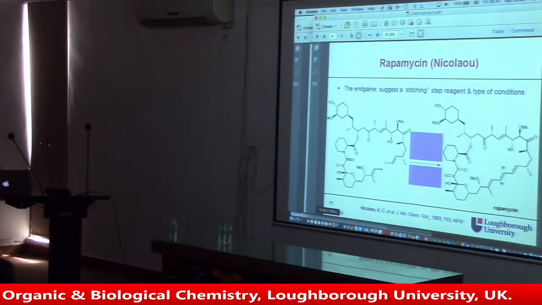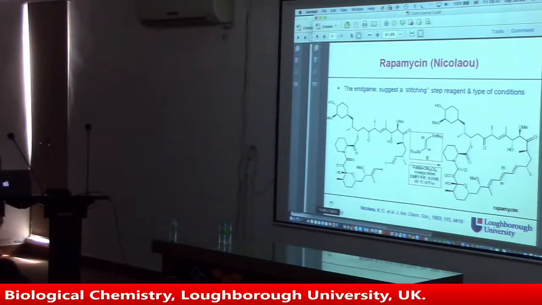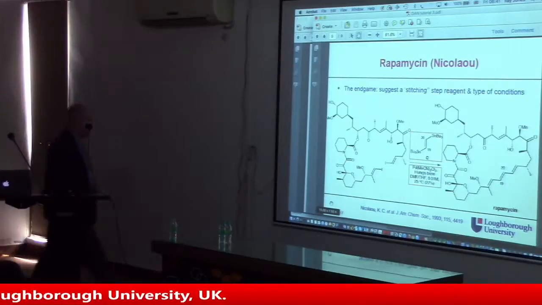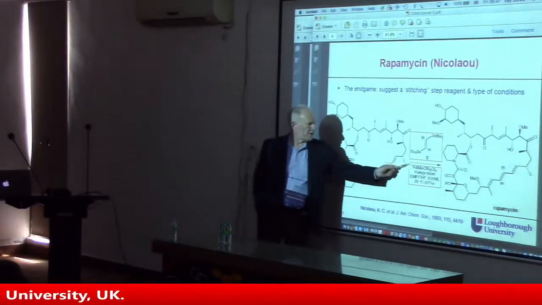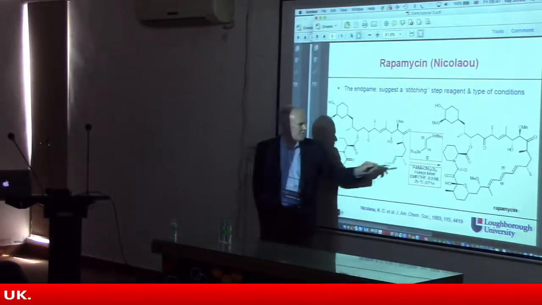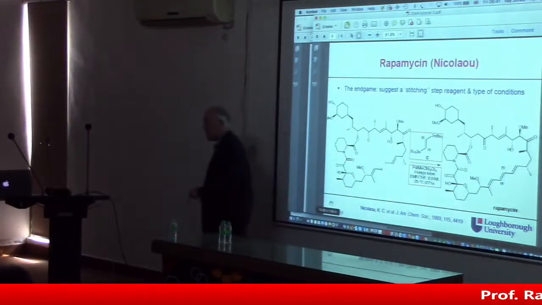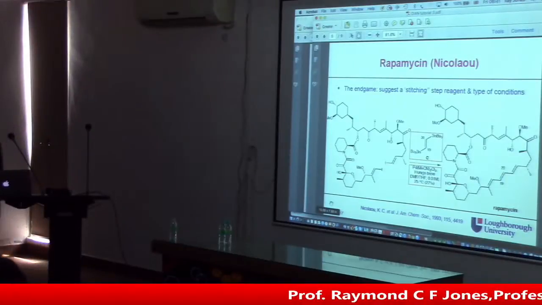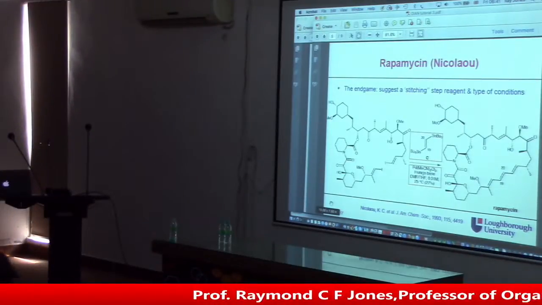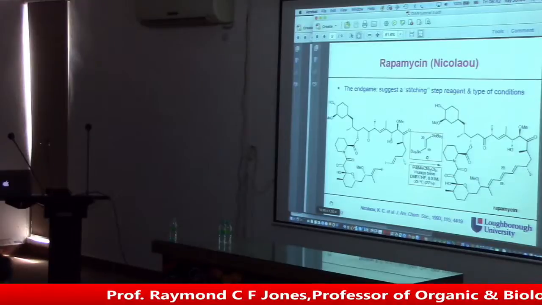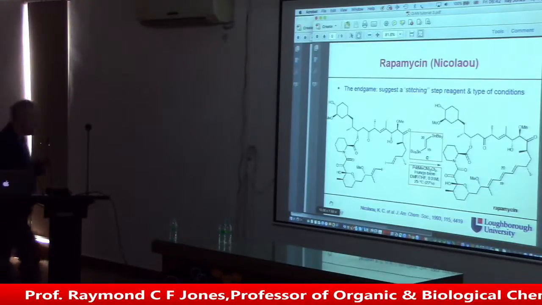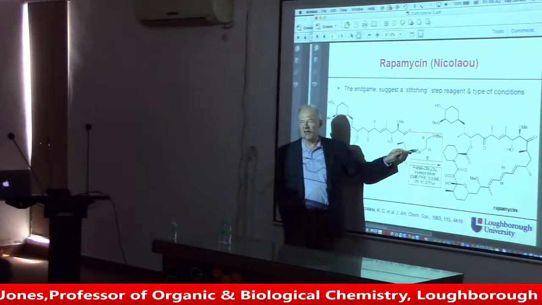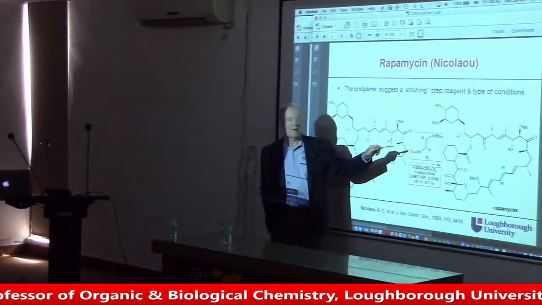And that is exactly what Nicolau used. Now, I would never expect you to guess these conditions, but the key was what the guy at the back said there, a palladium 0 reagent. And this was done using a double Stille reaction. To make this kind of molecule with magnesium each end just might be a bit too unstable actually.